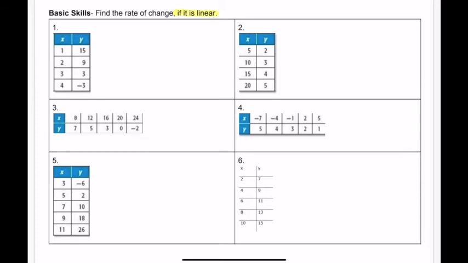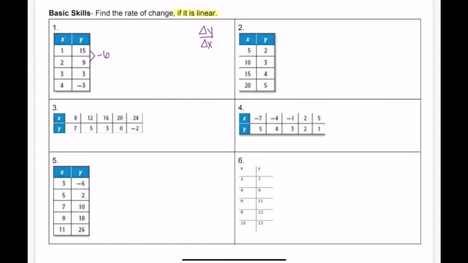So starting with number 1, we want to know what is the change in y compared to the change in x. So our y values, we want to look at them and just see how are they changing. So to get from 15 to 9, what happened? How did that change occur? So from 15 to 9, that went down by 6.